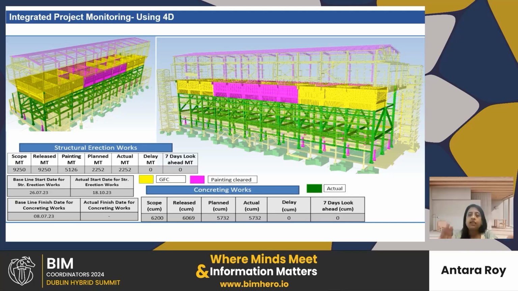We consider painting as well; after completion of painting, the quality person inspects the structure digitally and certifies that this structure is ready for erection. So here we showcase all that in a single page, and anyone can use this report for monitoring, and the customer is also satisfied that my contractor is doing a great job because everything is in the contractor's control.